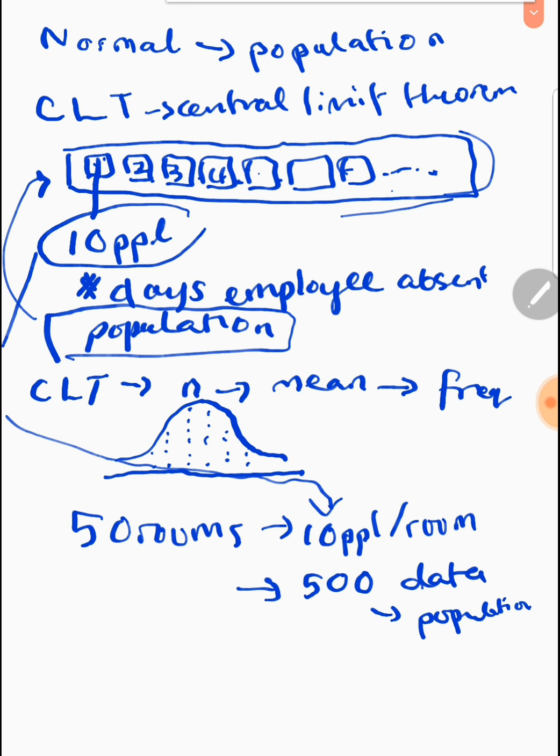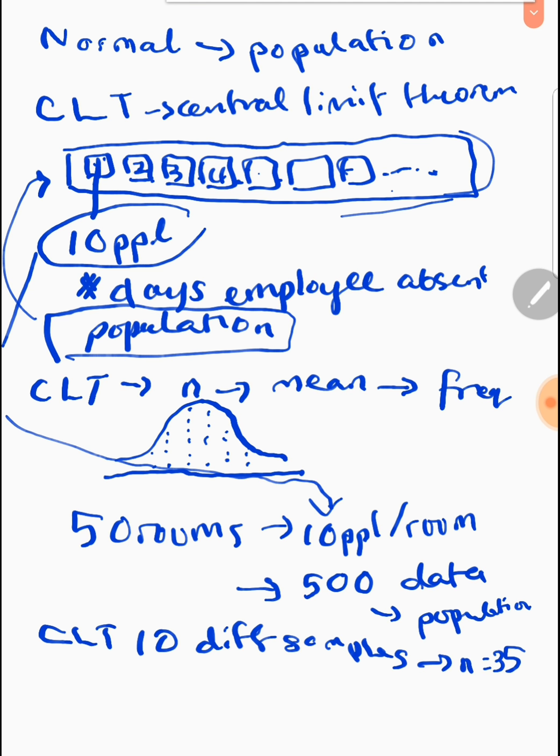So what the central limit theorem tells us is that if we take random samples, for example, I take 10 different samples, and let's take a sample size of 35.